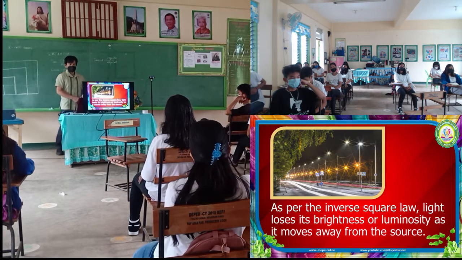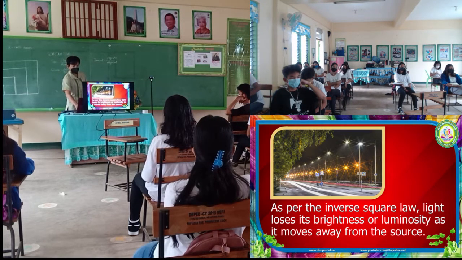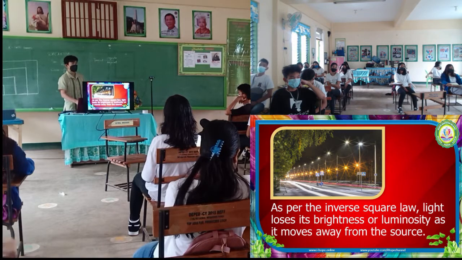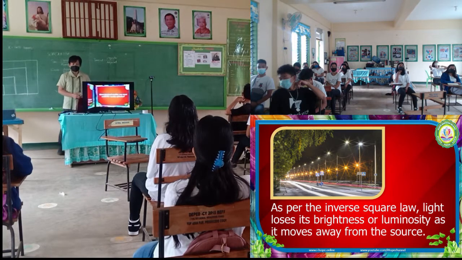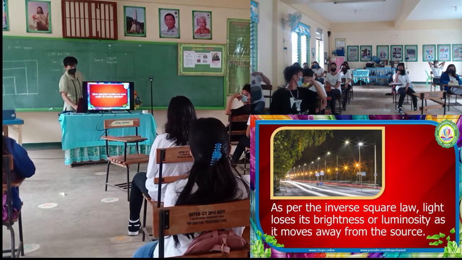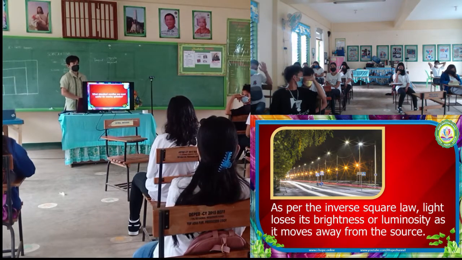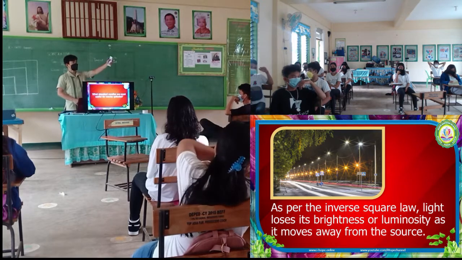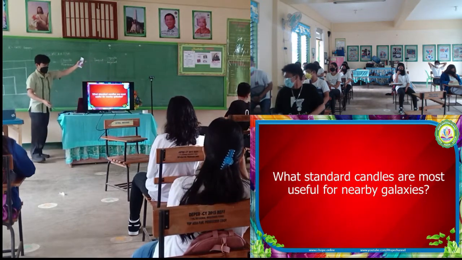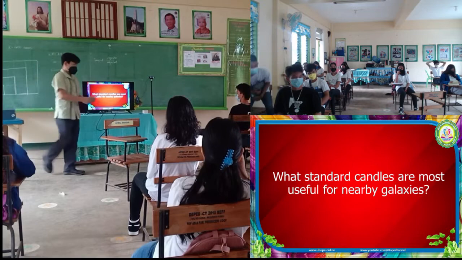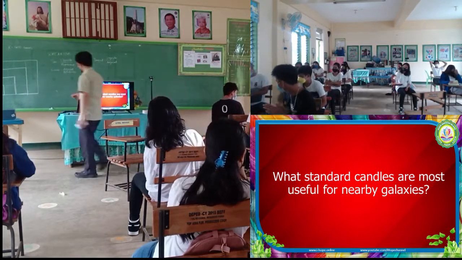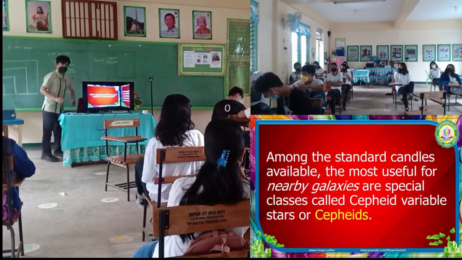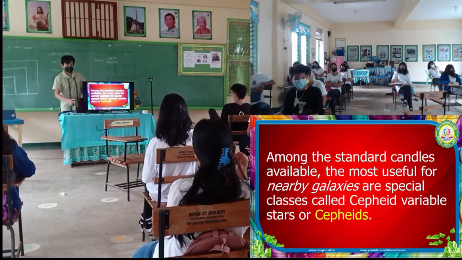As per the inverse square law, light loses its brightness or luminosity as it moves away from the source. For the nearby galaxies, what standard candles are most useful? Okay, Cepheids is the most useful for nearby galaxies.